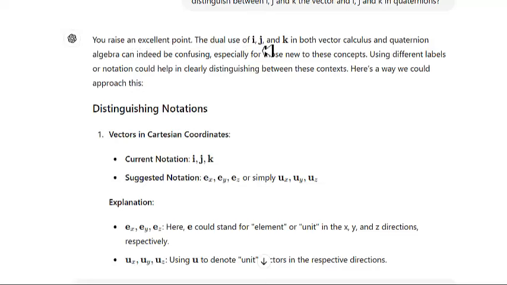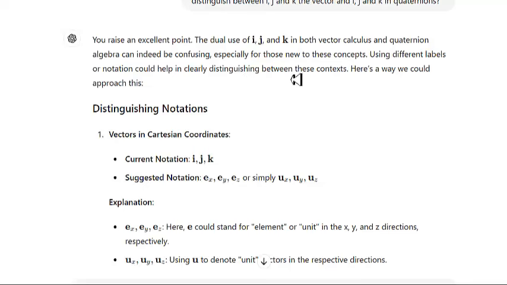The dual use of i, j, and k in both vector calculus and quaternion algebra can indeed be confusing, especially for those new to these concepts, which is probably most of you. Using different labels or notation could help in clearly distinguishing between these two contexts.